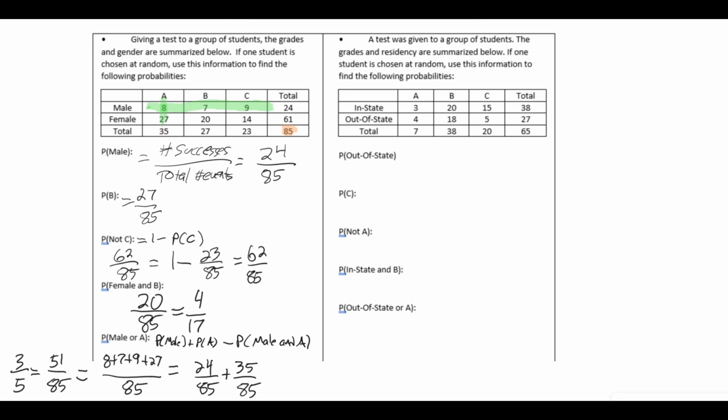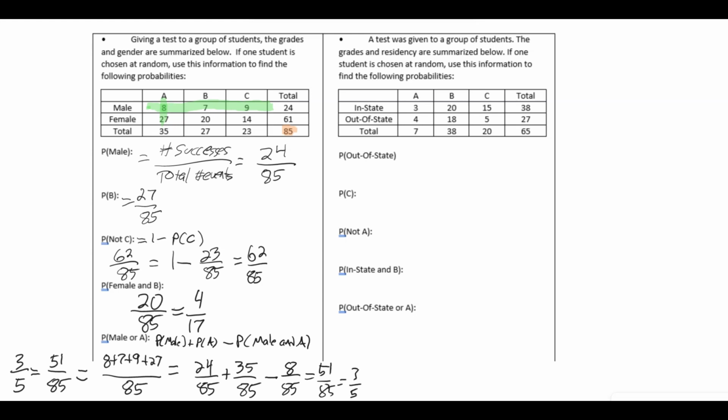And this is the situation where we are adding the 8 twice. So then the formula says subtract the probability of male and A. The male and A are those 8 people that were double counted. And that also gives us the 51 out of 85, which reduces to 3/5.